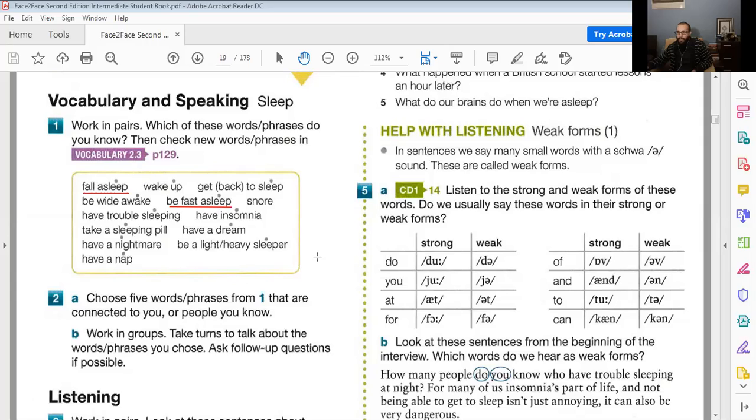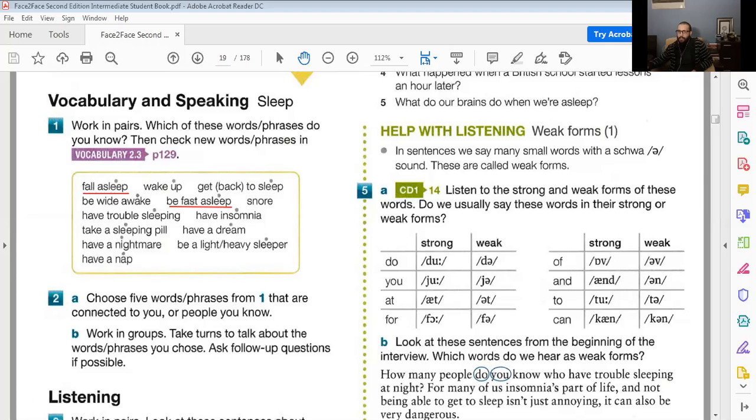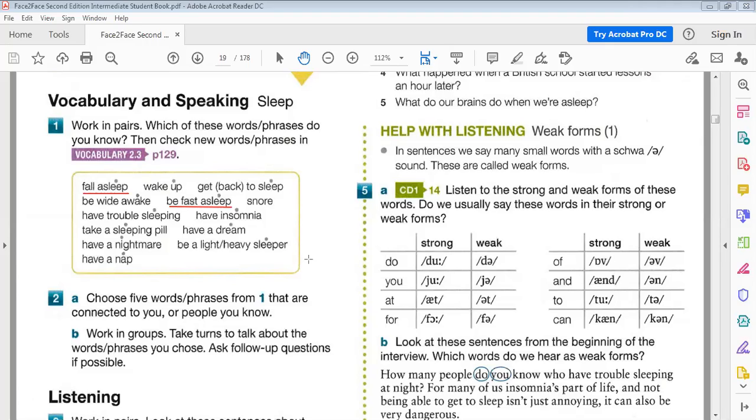Okay. Anything else you want to add, Sana, about sleep? No. Najat, what about you? What can you tell us about sleep, whether about you or anyone else you know? About me, I fall asleep fast and wake up early.